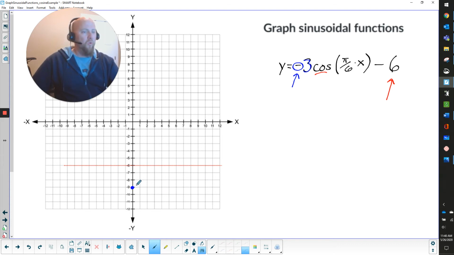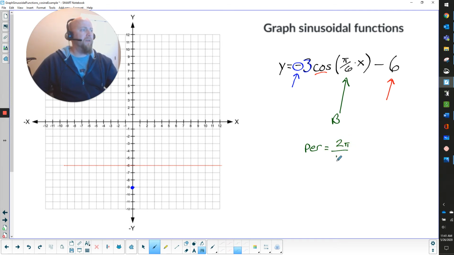So I know that's where a point is. Now figure out how the points line up here. I need to go in green font to understand how period works. When we learned this, the period equals 2 pi divided by b.